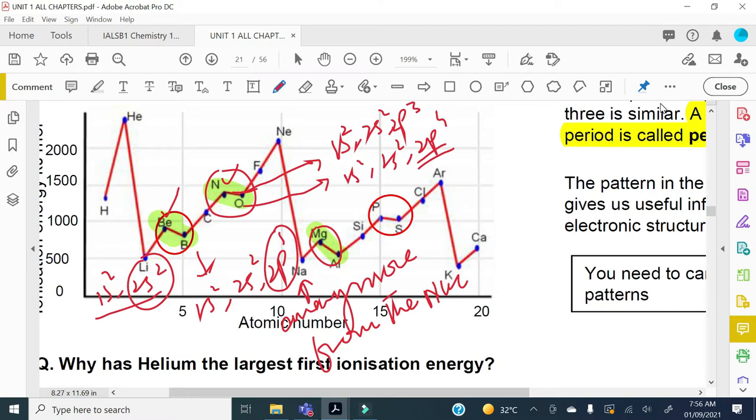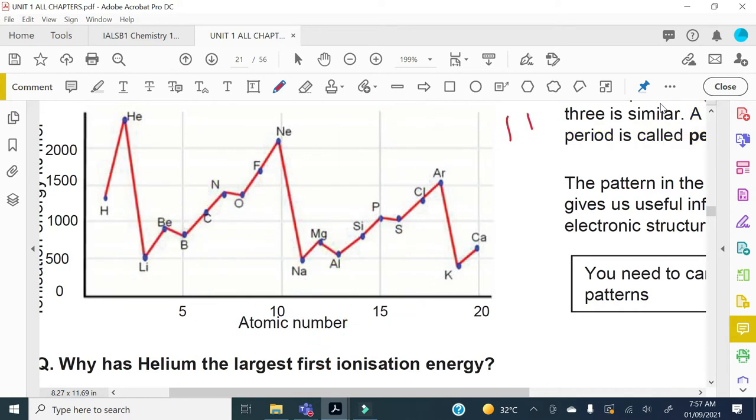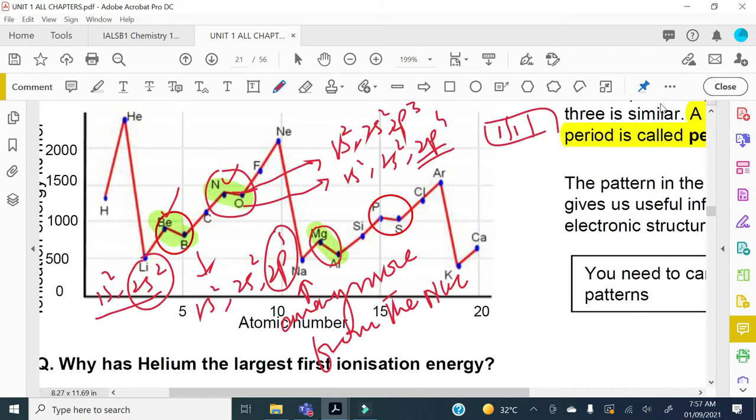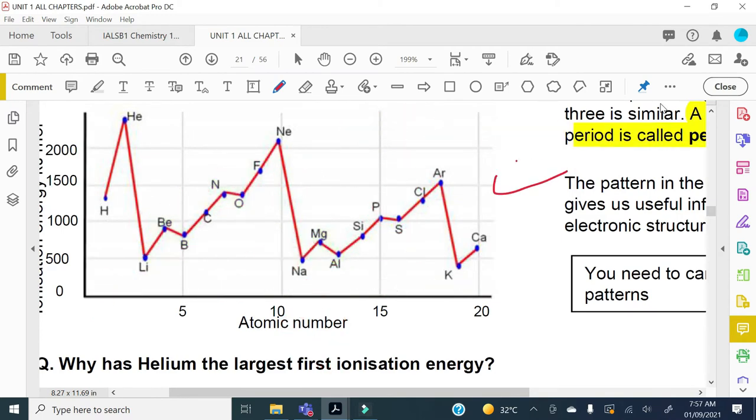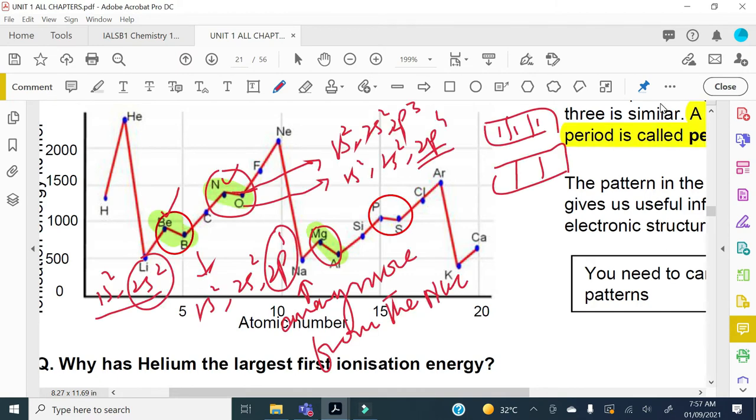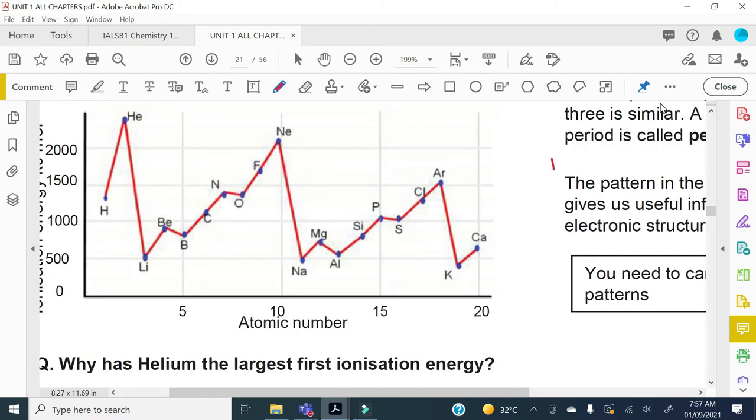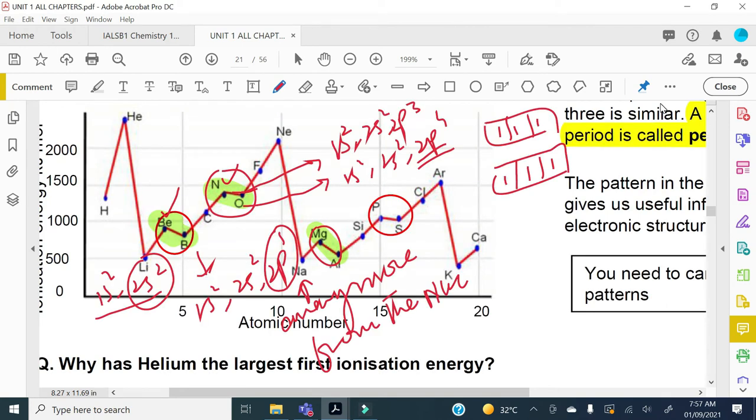Okay, clear? Let me explain again between nitrogen and oxygen. The electronic configuration of nitrogen ends at 2p3, where 2p has a single electron in each orbital. But in oxygen, the fourth electron which is coming is unacceptable by the subshells. To accept it, the subshell should stretch a little bit.